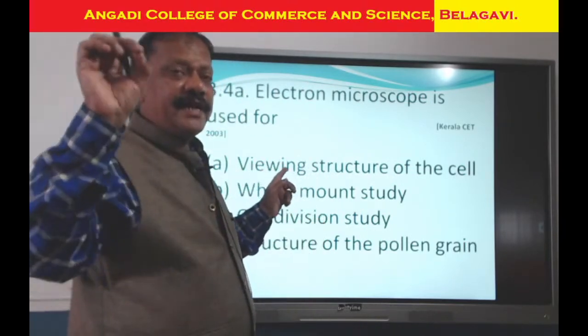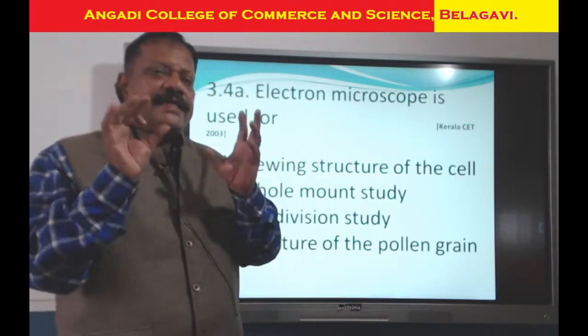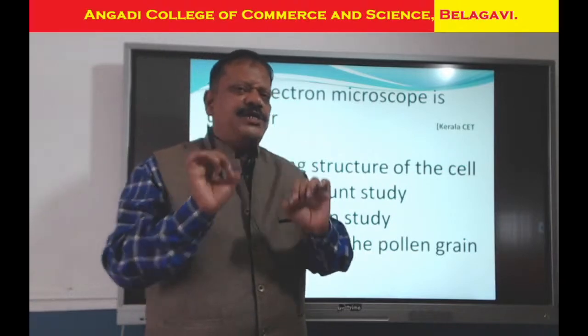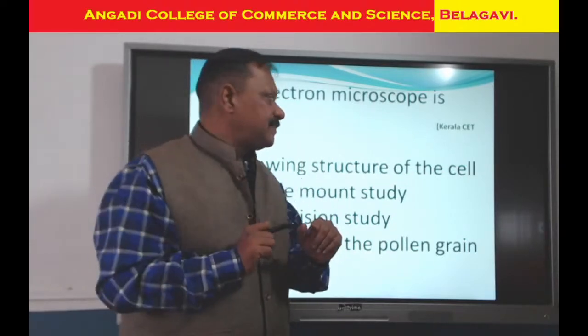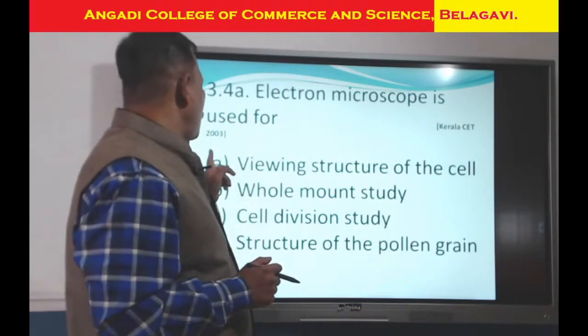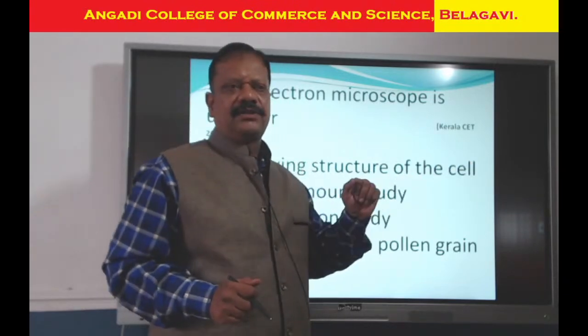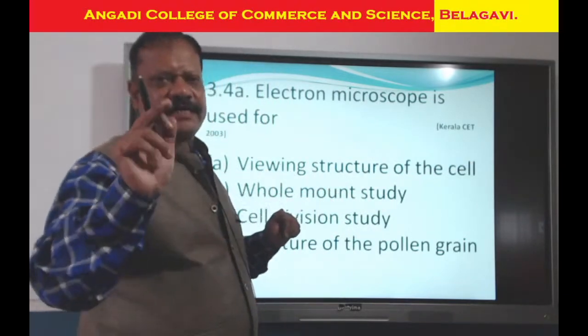When you are studying the cell structure, the organelles and other things are very minute. Because of that, the electron microscope is used for option A, viewing structure of the cell. So option A is the correct answer here.